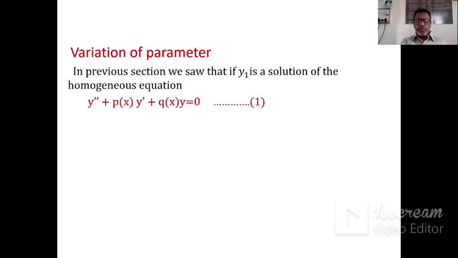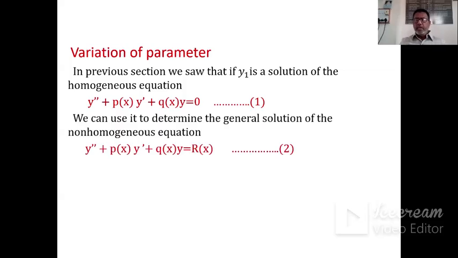Now here, in the previous section, we saw that if y1 is the solution of the homogeneous equation y double dash plus p(x) y dash plus q(x) y is equal to 0, we can use it to determine the general solution of the non-homogeneous equation y double dash plus p of x y dash plus q of x into y is equal to r(x).